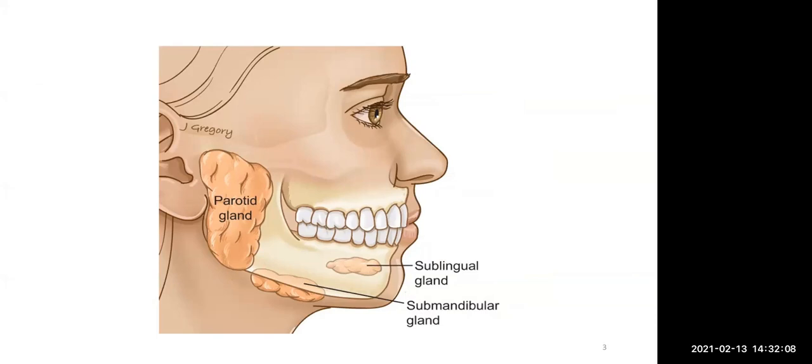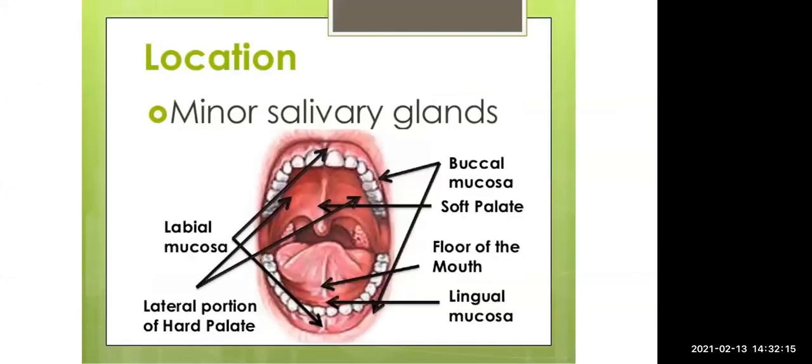The major glands include the parotid, sublingual, and submandibular glands. You can find minor salivary glands in the labial mucosa, buccal mucosa, floor of the mouth, lingual mucosa, and lateral portion of the hard palate.